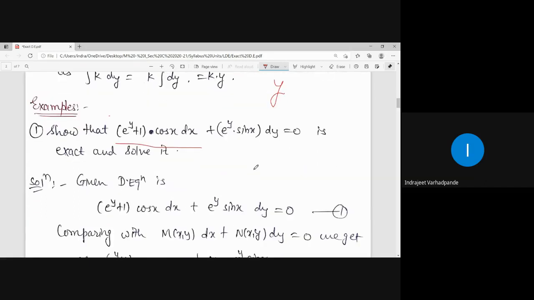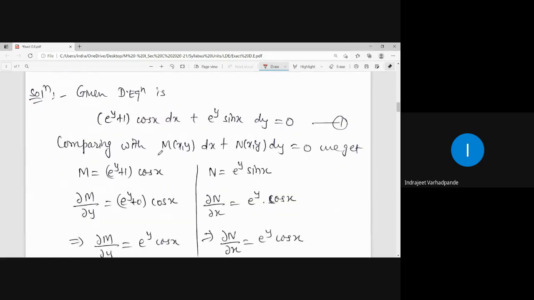So the very first example we dealt with was (e to the power y plus 1) cos x dx plus e to the power y sin x dy is equal to 0. As the question demands to show that it is exact and solve it, we express it in the form M dx plus N dy.